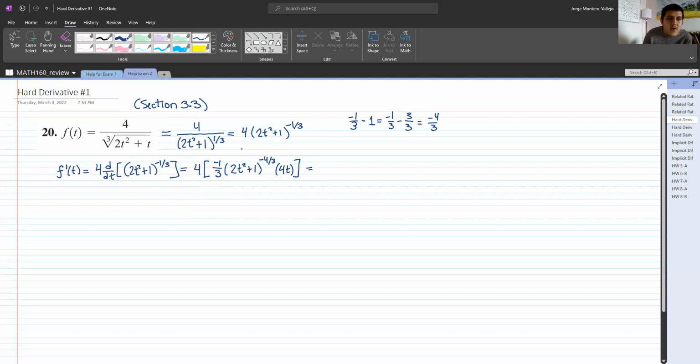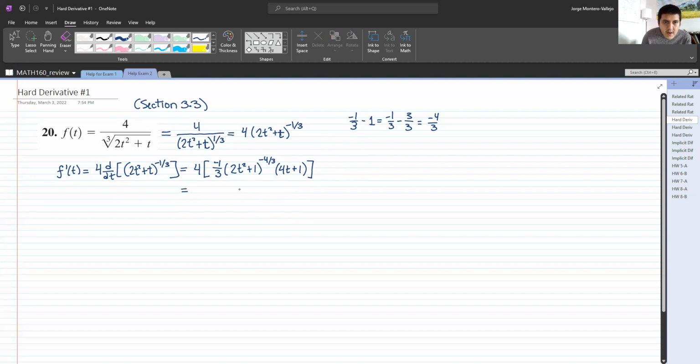I wrote plus 1 when it's actually plus t, sorry. So this should be plus t, and this should be a 4t plus 1, right? Because that plus t, when you differentiate it, you get 1. I was looking at my work, and it wasn't matching what I had over there.